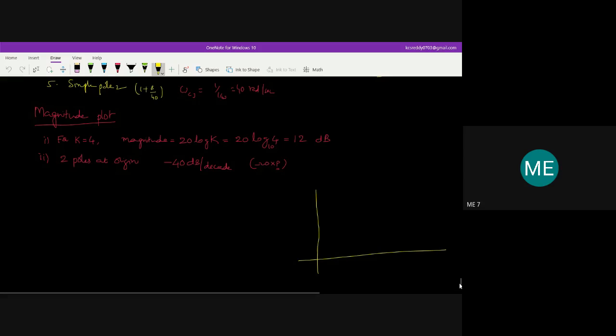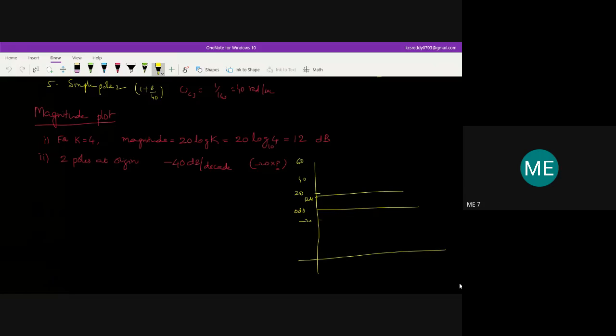This is 0 dB line, and here this 20 dB, 12 will become here, then 40, then 60, like that, then minus 20 will be there. So now this is the 12 dB line, and I'll be drawing the 20 log K line. This is the 20 log K line.